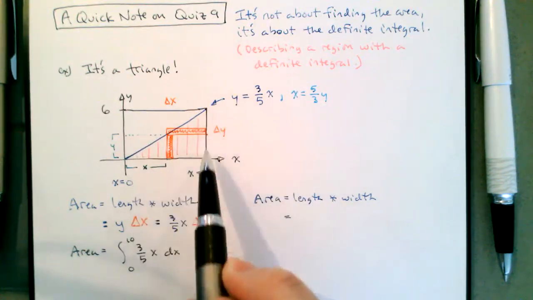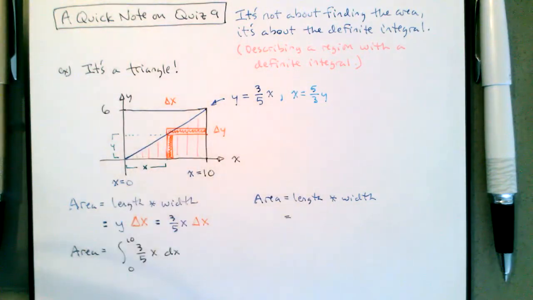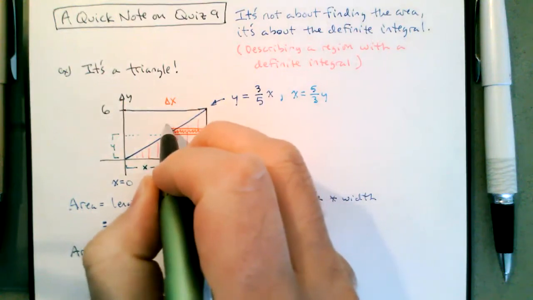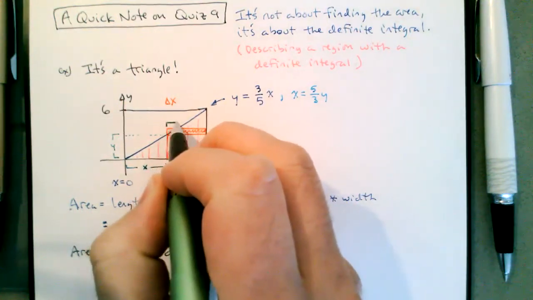We're trying to find the area of the bottom triangle. I know the areas are the same. That's not the point. If we just needed to find the area of the triangle, 1/2 base times height is what we would do, not all this calculus stuff. So x equals 5/3 y is in the top triangle. I need the length from the bottom triangle.